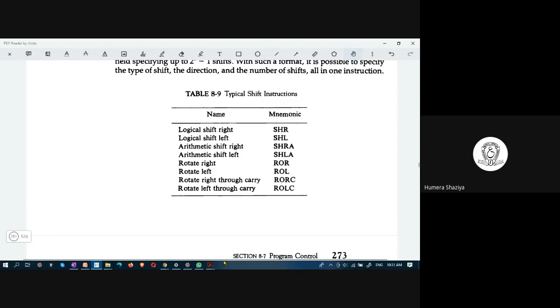Rotate right, ROR. Rotate left, ROL. Rotate right through carry, rotate left through carry, RORC or ROLC respectively. These are instead of circular shift; here the names given were rotate right, rotate left, and rotate right through carry, rotate left through carry. All right.